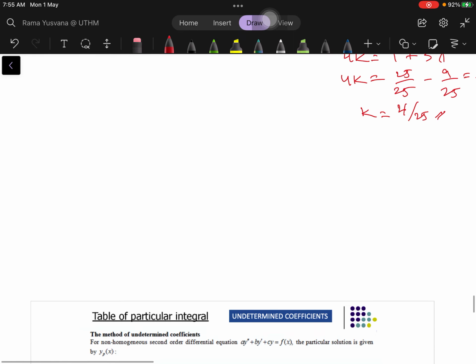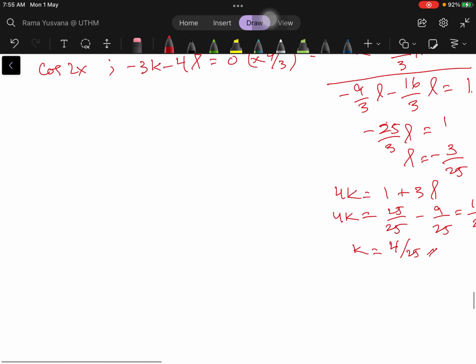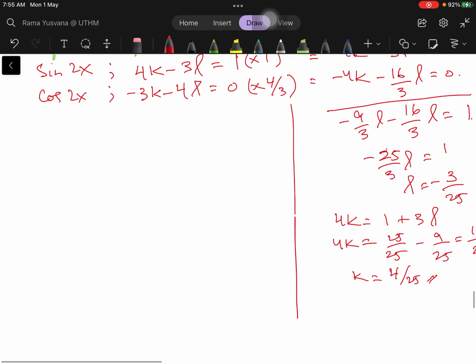Let's make some room. So now we can plug in.